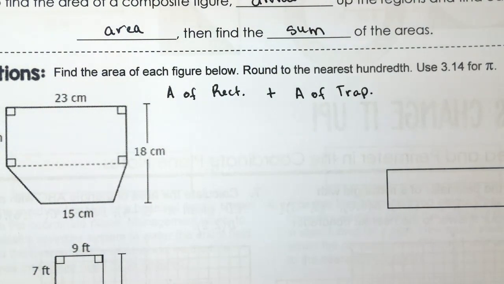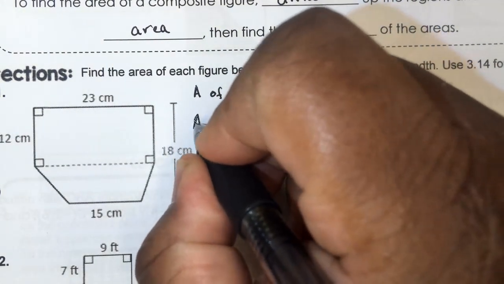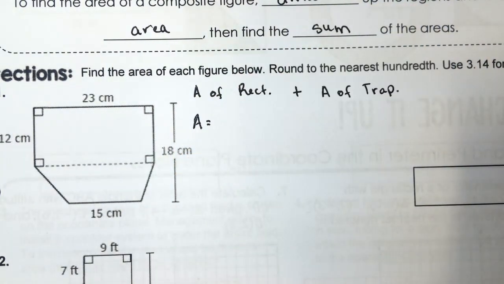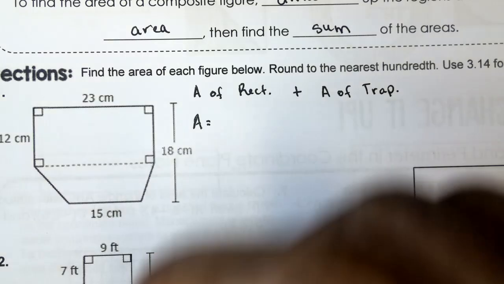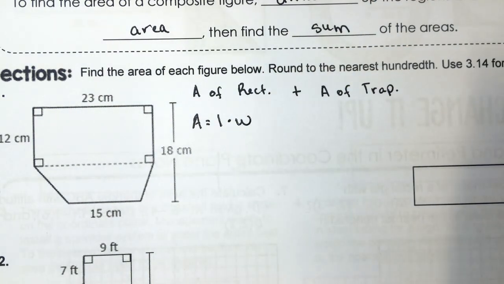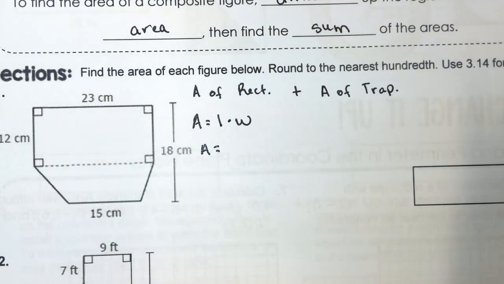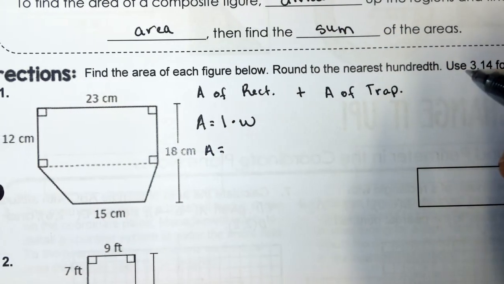Let's start with the rectangular piece, Crystale. How do you find area of a rectangle? What's the formula? You don't need to look, you should know it. Crystale, what's the length of the rectangle?